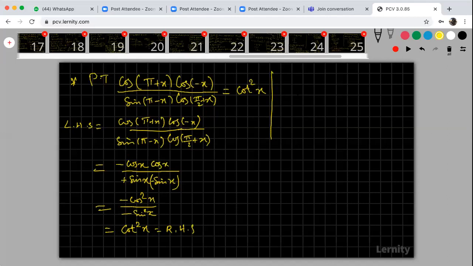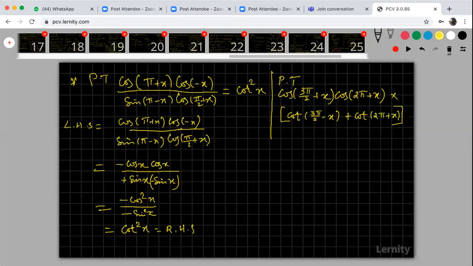In the next problem, prove that cos of 3 pi by 2 plus x, cos of 2 pi plus x, into cot of 3 pi by 2 minus x plus cot of 2 pi plus x equal to 1.